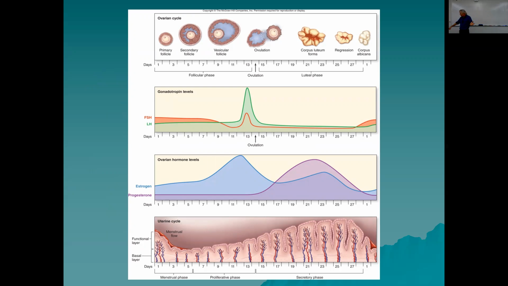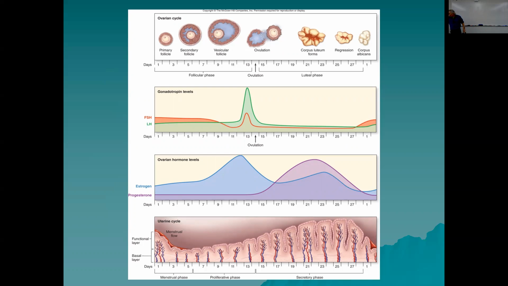And you can see that the FSH rises during the menstrual flow and actually starts stimulating some primordial follicles while the menses are flowing, because you need a little bit more than 14 days to make a secondary oocyte and get it to a point where it can be ovulated. So the primordial follicles are stimulated during menstrual flow, and then they can come into primary follicles.